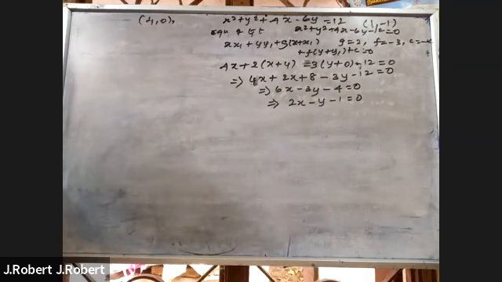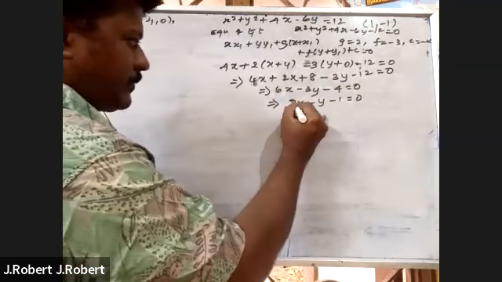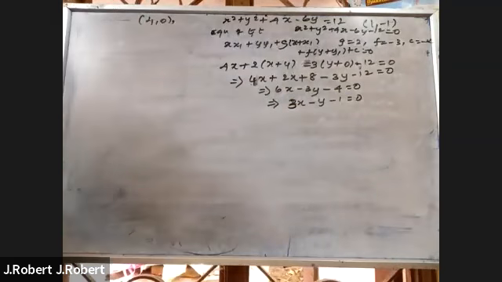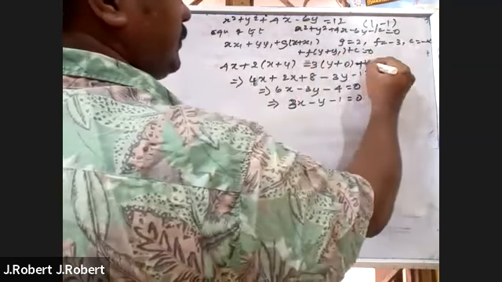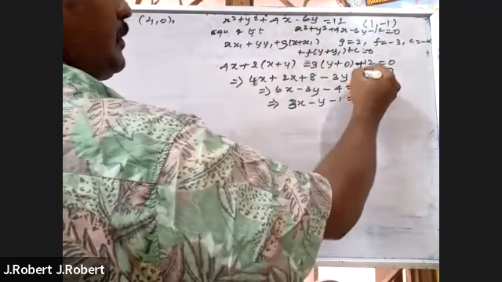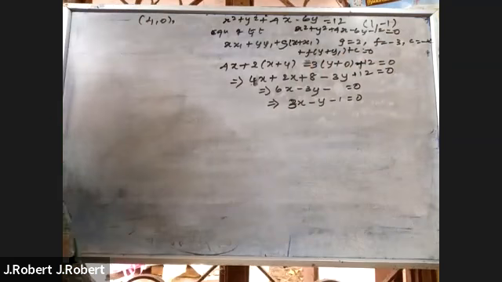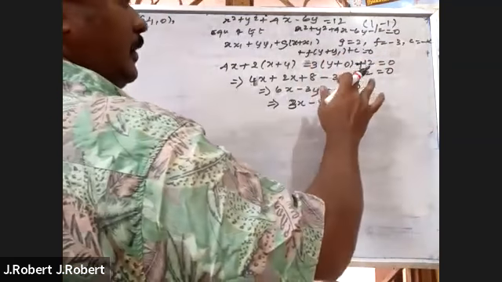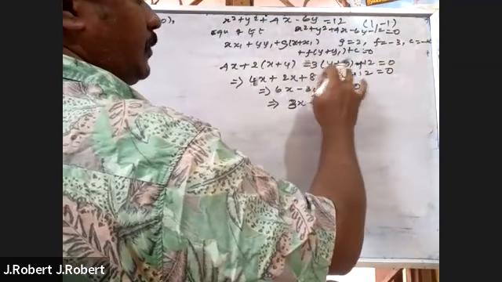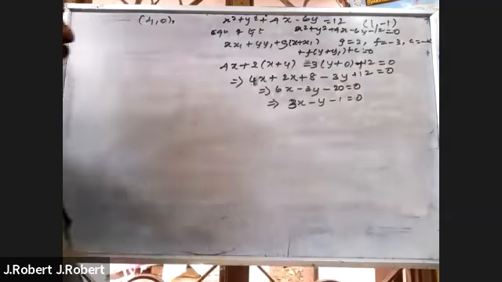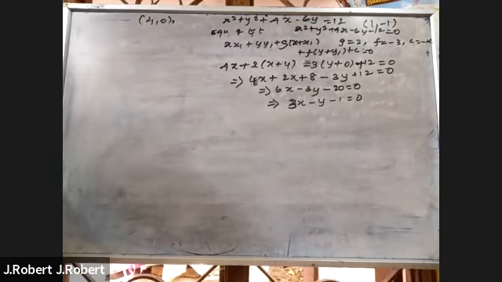Sorry, 3x, we divided by 3. So plus 12, sorry. Plus 12, which is equals to 12 plus 8, 20. Okay, we have 6x minus 3y.